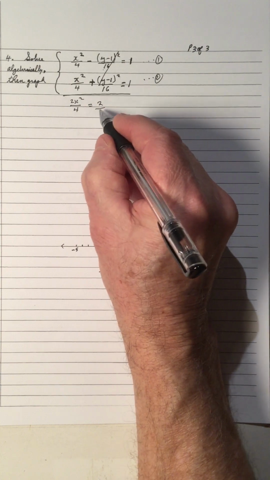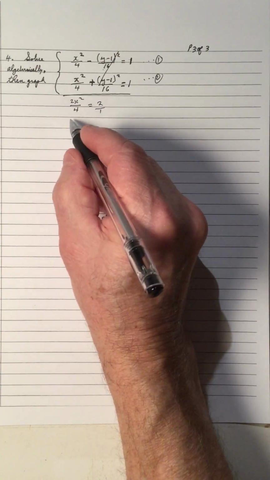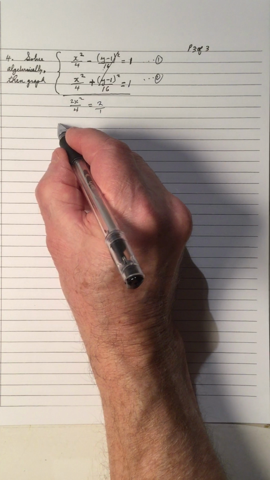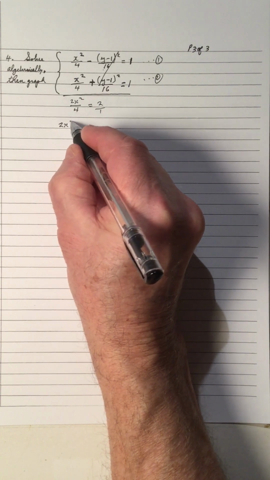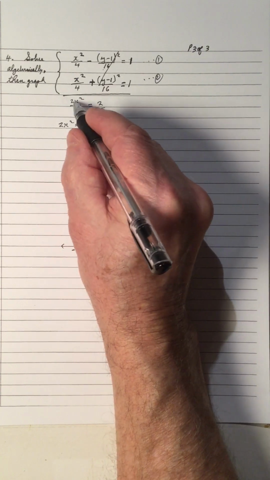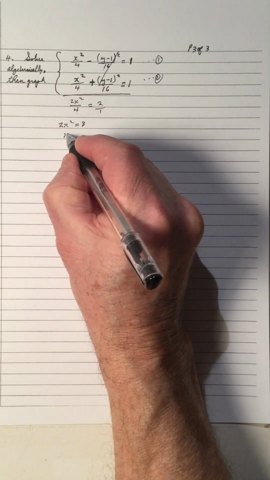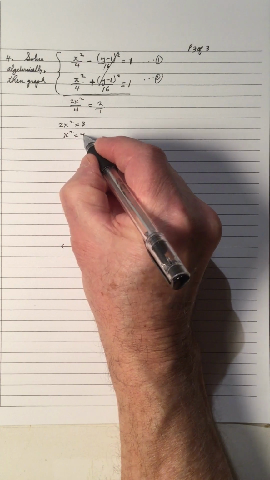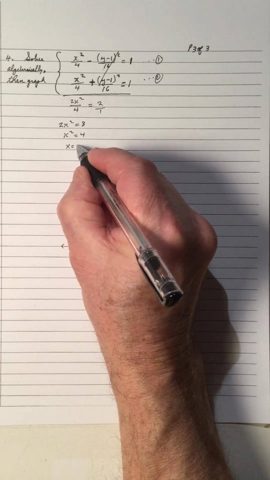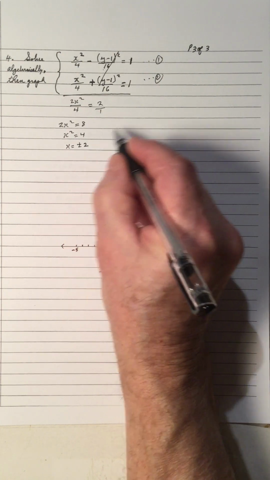So if we put it over 1 and cross multiply, we will get 2x squared equals 8. Divide by 2, x squared equals 4. That means x is equal to plus or minus the square root of 4, which is 2.